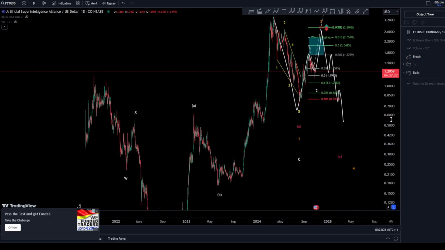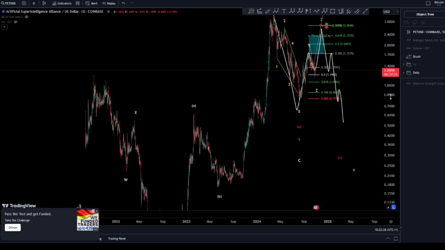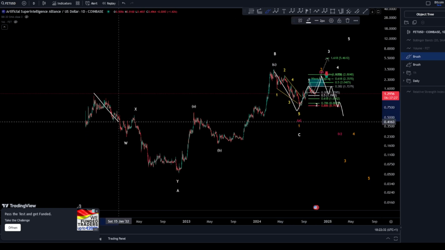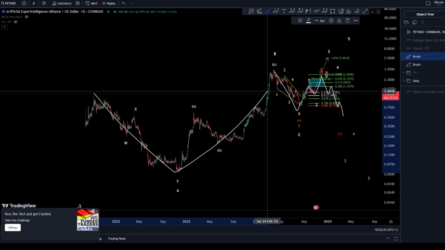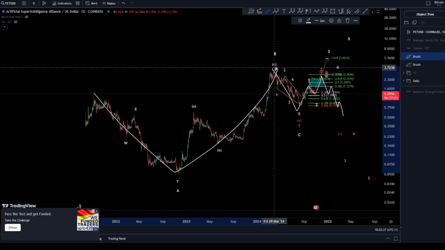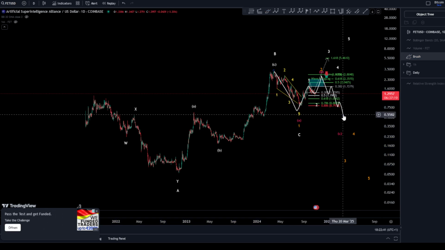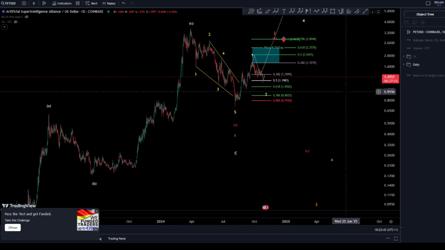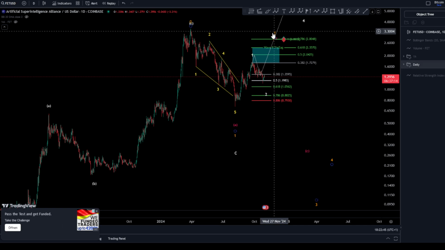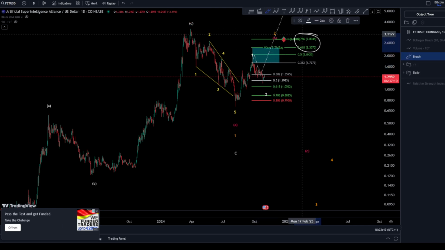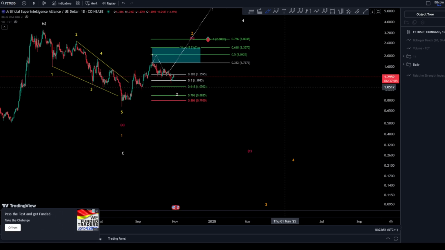Therefore, this is the scenario where you are looking at W, X, and Y, where your W is 3 waves down, 3 waves up for your X, and 3 waves down for your Y. Another case is a wave 2, which also has to finish in this area and preferably between the perfect fib levels here.